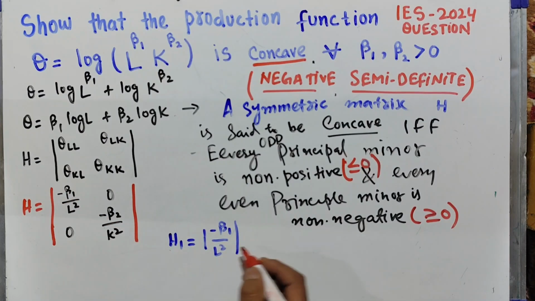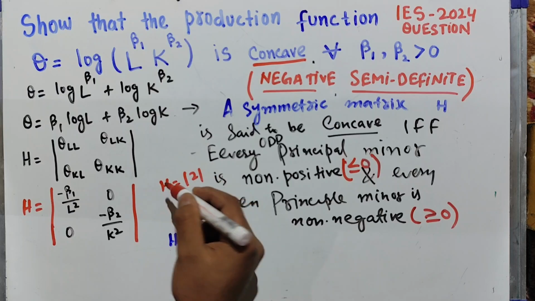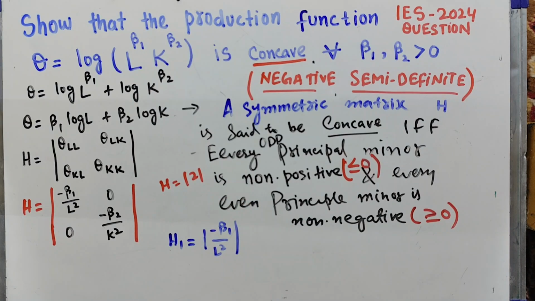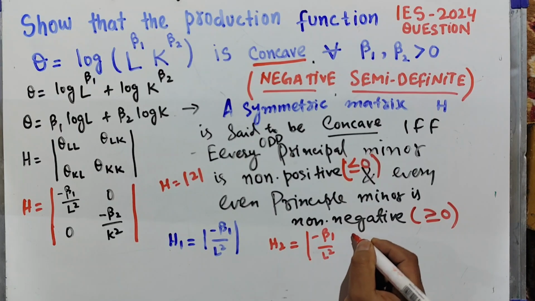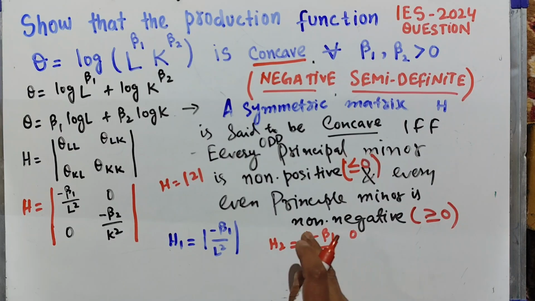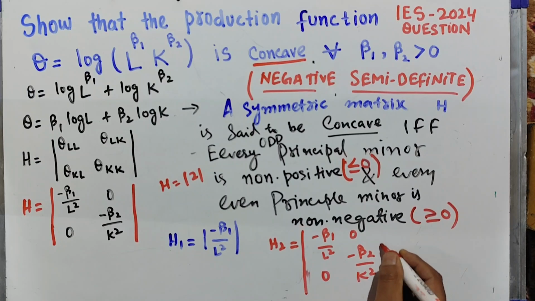Its determinant is obviously itself, just as if H is equal to 2, its determinant is also 2. What is H2? H2 is this whole matrix: minus beta 1 divided by L square, 0, then 0, minus beta 2 divided by k square.